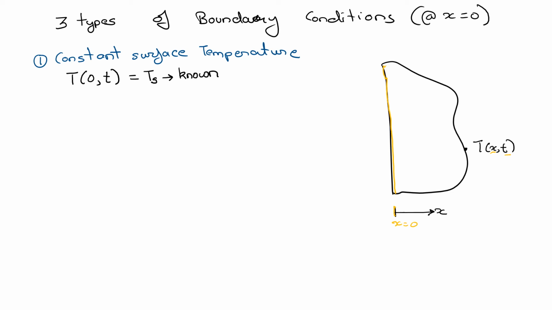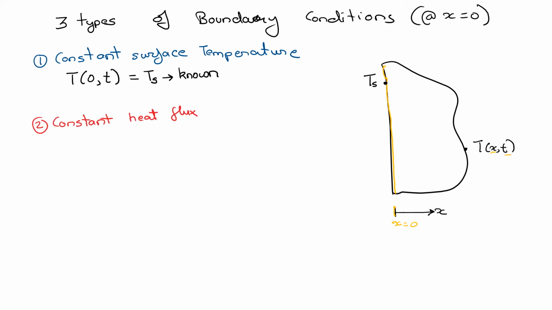That means this surface, which is at x equal to 0, is at a temperature Ts. That's one boundary condition that you can use. An example is that you're solving for a fin, or you're solving the heat transfer between two walls, and you know that the outer surface of the wall is maintained at a constant temperature. That is your boundary condition.